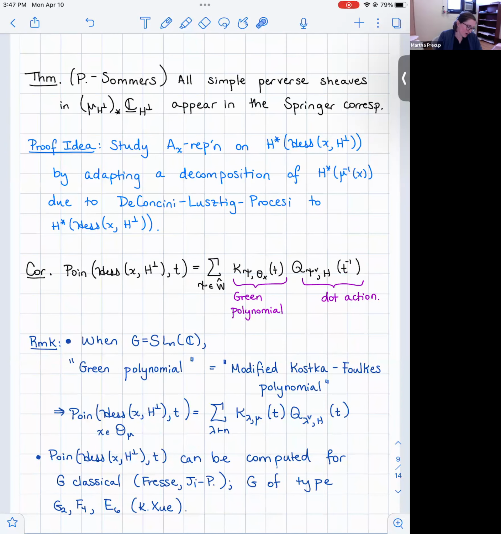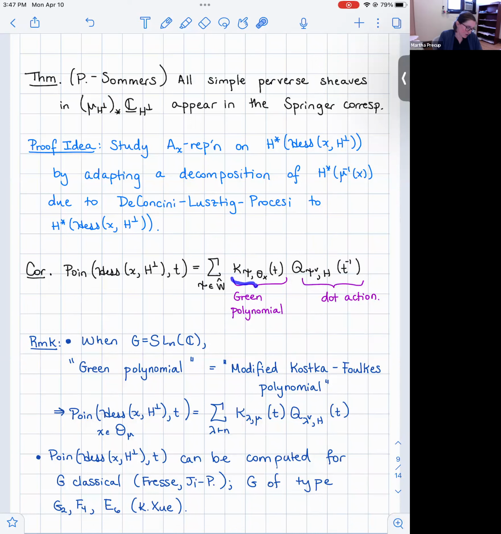So one nice corollary, just to point out, is that when you compute the Poincare polynomials of these nilpotent Hessenberg varieties, there's a very concrete formula where these are the coefficients we had before from the dot action representation.